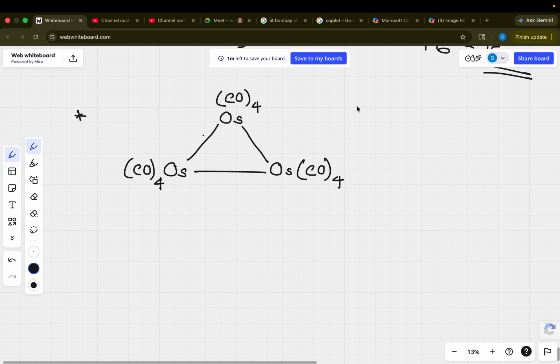Now they are asking, they are isolobal to what? Option A is CR2, option B is your CR3, option C is your SiR3, and option D is your SiR. Okay, do it.